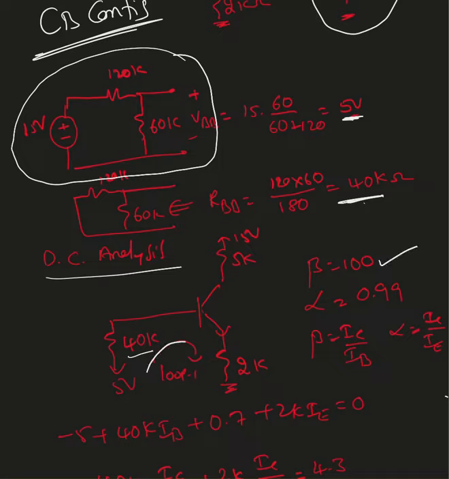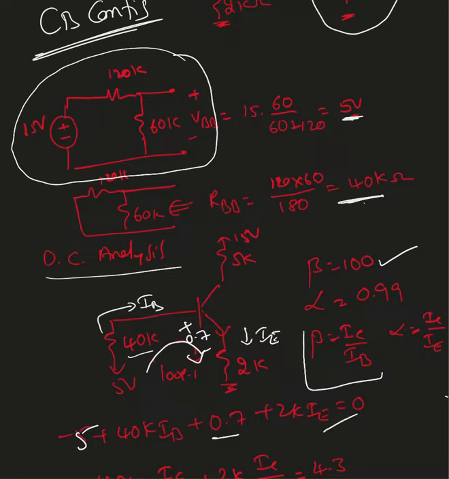So I'm going to do the loop equation right there. Minus 5 plus 40k IB. The current passing through is IB, plus 0.7. The voltage drop here is 0.7 because I'm assuming this transistor is working in active mode of operation. So plus 0.7 plus 2k times IE. The current passing through this is IE.